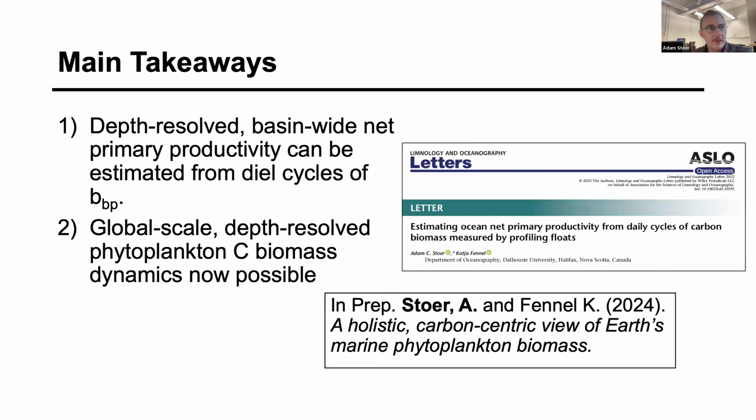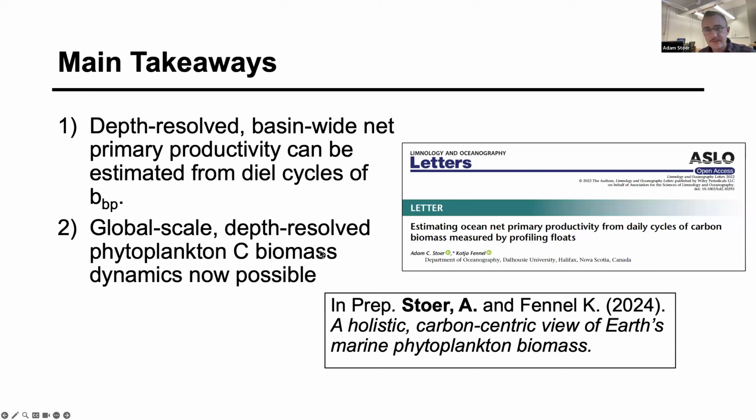And so I'll finish up the main takeaways for these two parts. The first being that we can get depth resolved net primary productivity from diel cycles of particle backscattering. And that's from the work published in LNO Letters here with Katja Fennel.